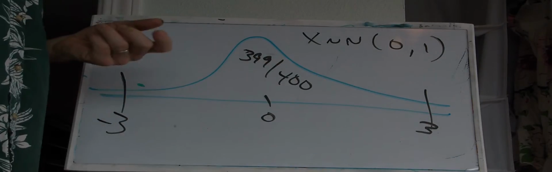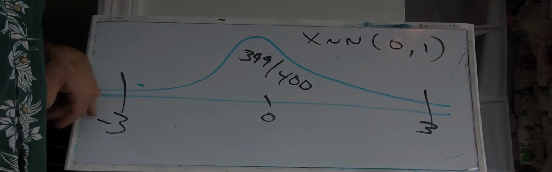Only once out of 400 times will a normal random variable fall more than 3 standard deviations away from its mean. So when you see something which should be normally distributed, then the chance of it being more than 3 standard deviations away is very small.